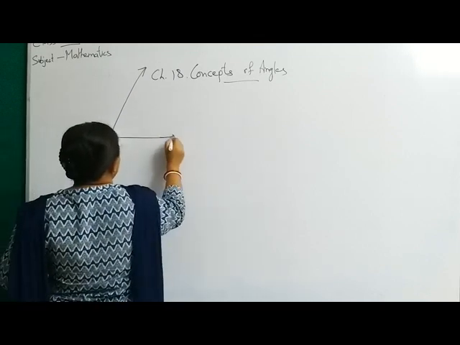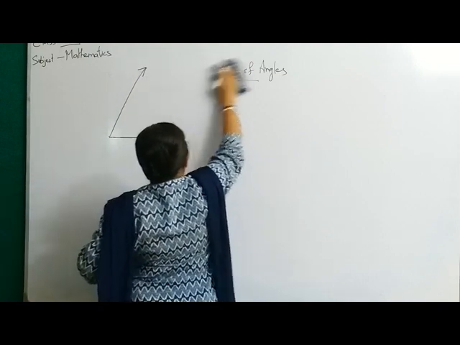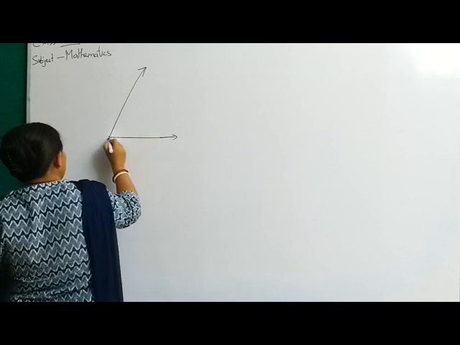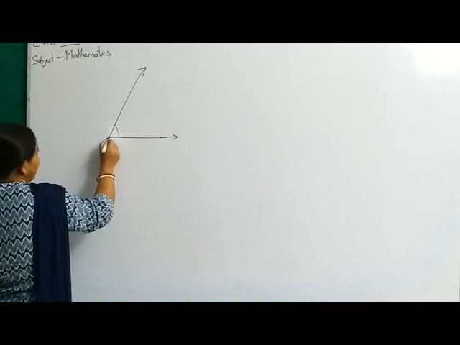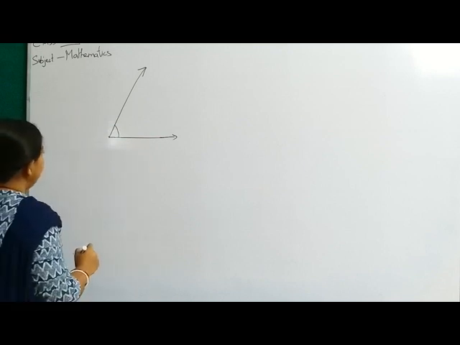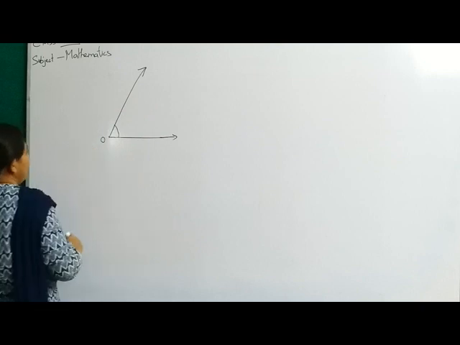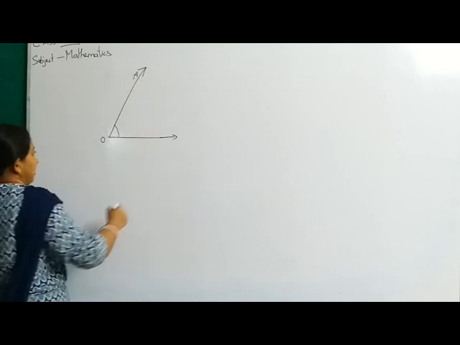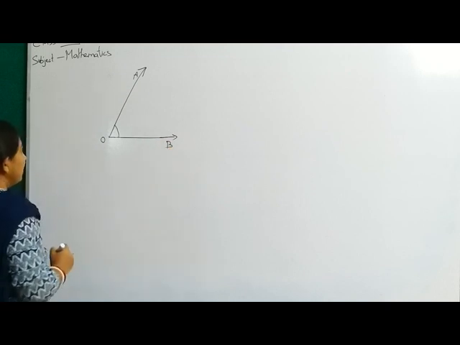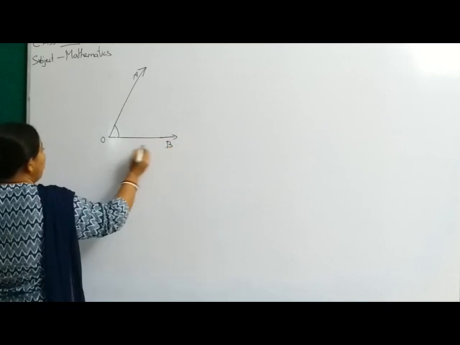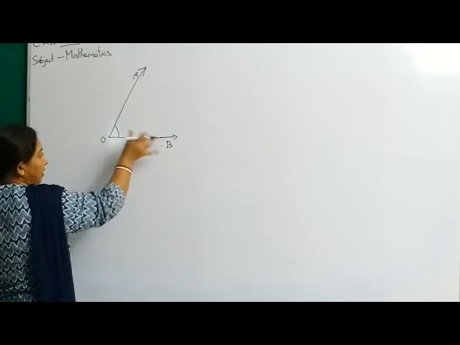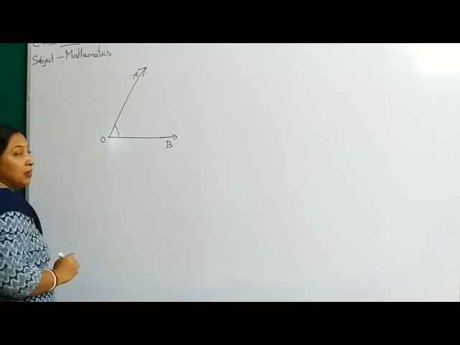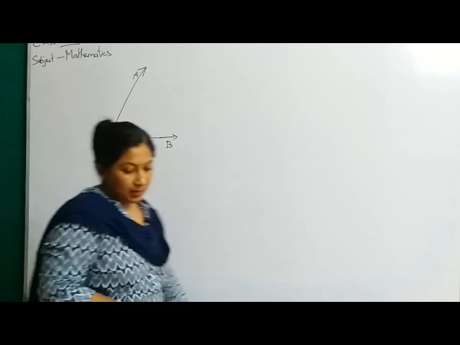These two rays are sharing a common endpoint, so this is an angle. Suppose I am writing this endpoint as O, this one ray as A and this ray as B. So I will say that OB and OA are the two arms of angle AOB. This is one arm and this is another arm, and this common endpoint is called the vertex of the angle.